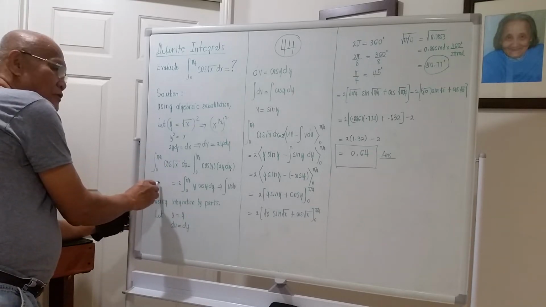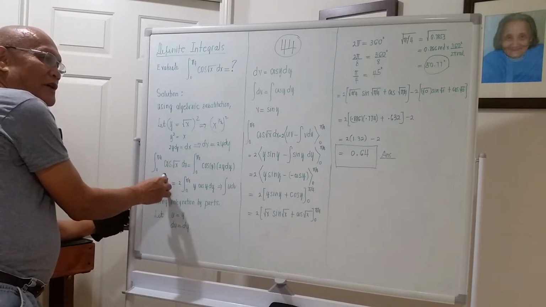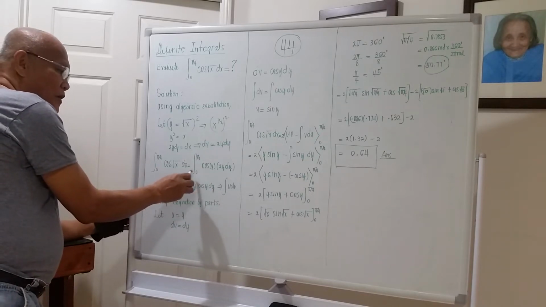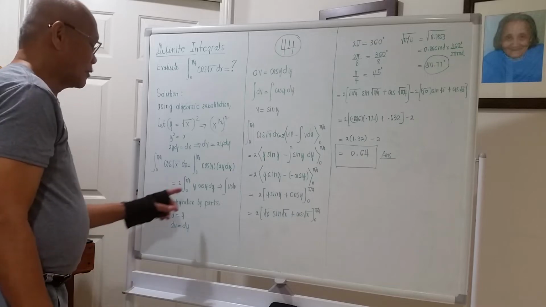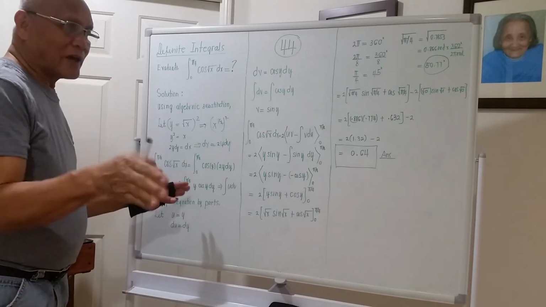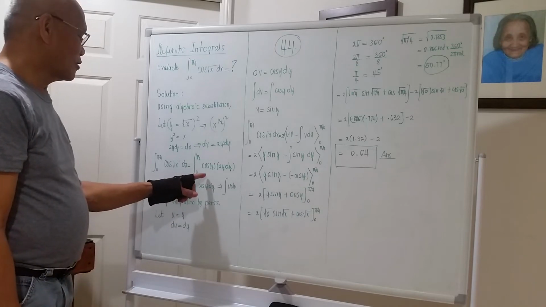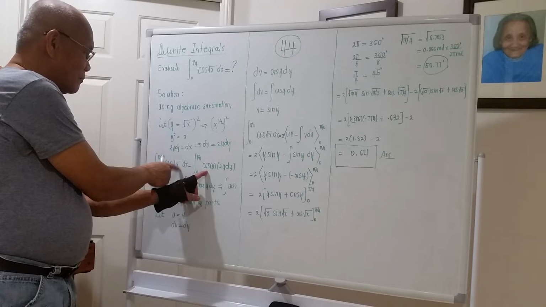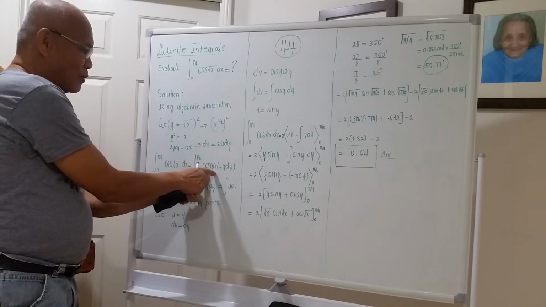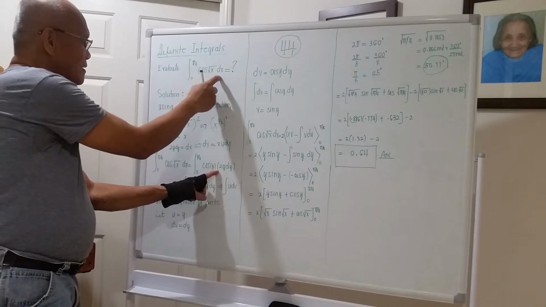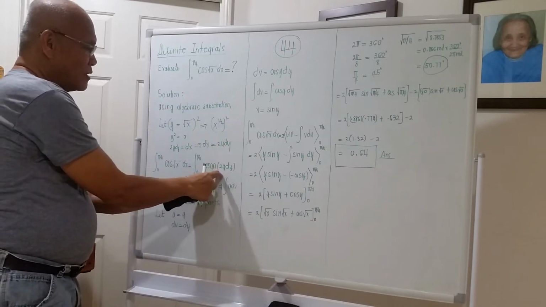The integral from 0 to pi over 4 of cosine square root of x dx equals the integral from 0 to pi over 4. Okay, let's replace all x by y. So this should be cosine of square root of x, but square root of x is y, so this should be cosine of y, times the value of dx, but the value of dx is 2y dy.